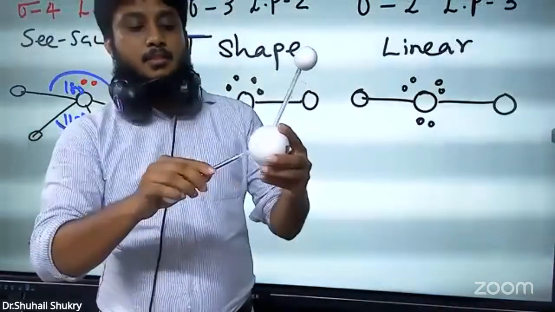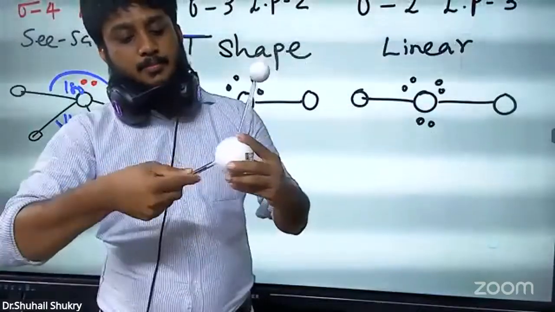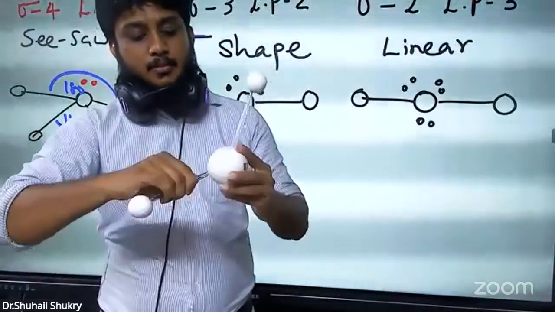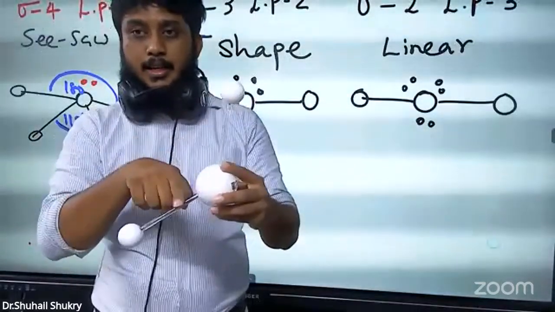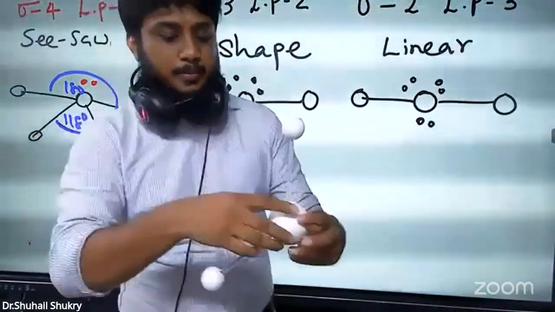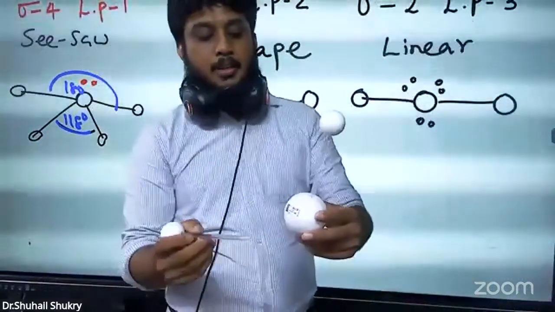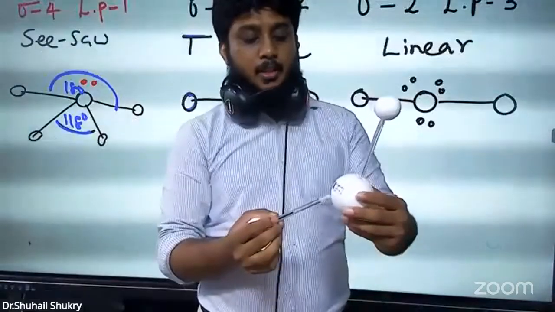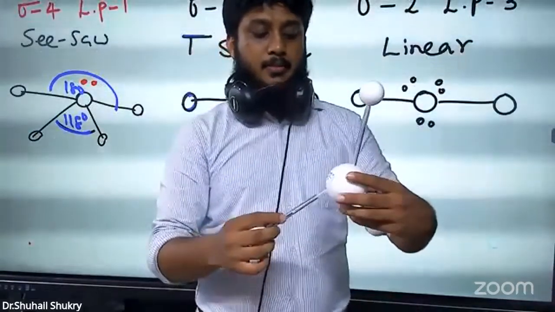Then I will have this one. Between these two is 109 degrees. If I take from this side, between this and this also there should be 109 degrees. So I have to mark somewhere like this.